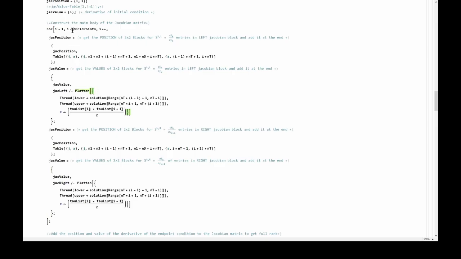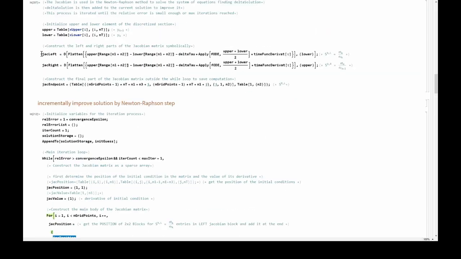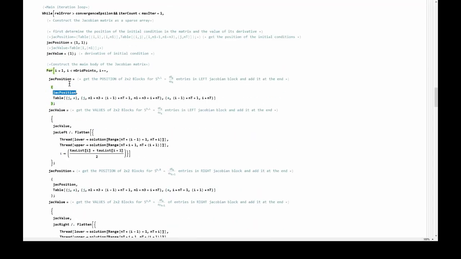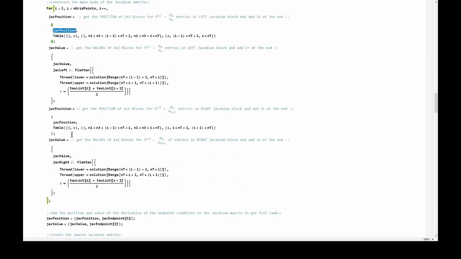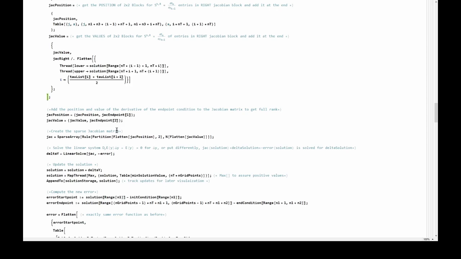And this is a lot of code for a very simple task, which is to save all the individual positions of the block matrices in the Jac position element and evaluate all the Jacobian matrices we calculated in the general case up there, evaluate them and store the values in the Jac value vector.